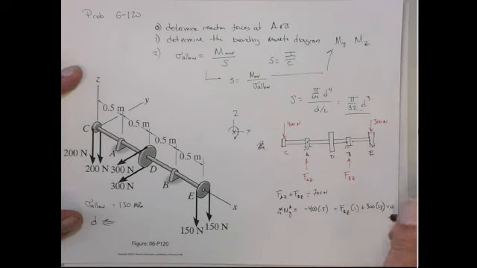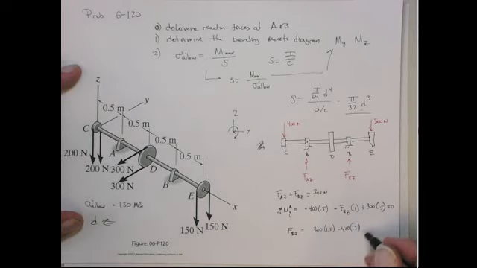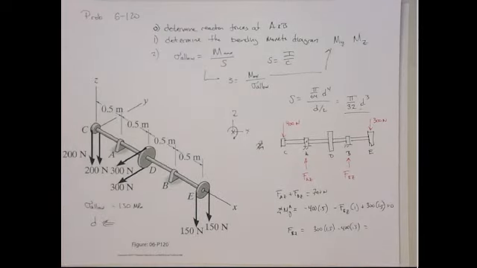That all goes to 0. So that gives me the FB in the Z direction is equal to 300 times 1.5 minus 400 times 0.5, which equals 250. It's a minus 200.